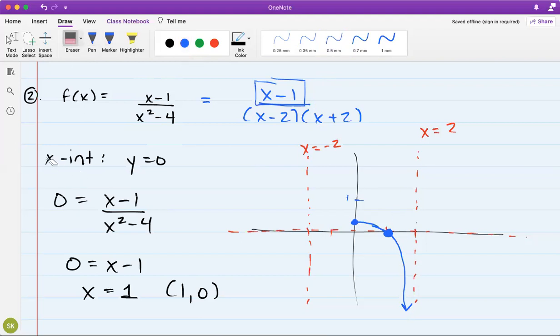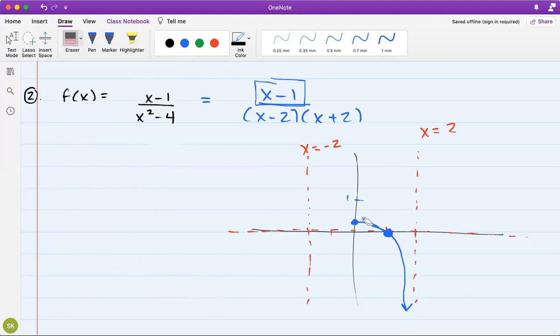And if you're ever a little lost, like, do I go back up or do I go down, just plot a point. Something between 1 and 2. Let's say f of 1.5. That will be 1.5 minus 1 over 1.5 squared minus 4. On the top, you're going to get 0.5.